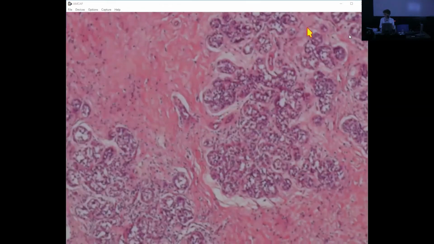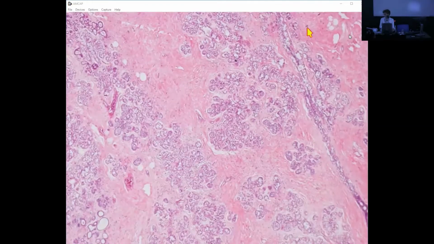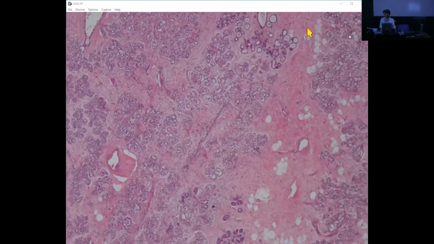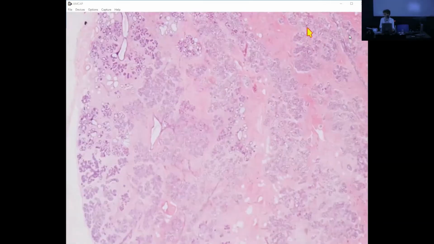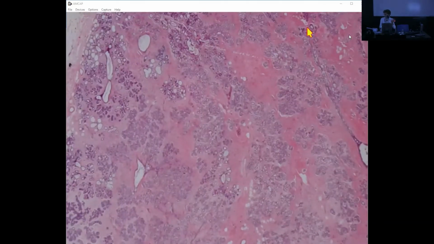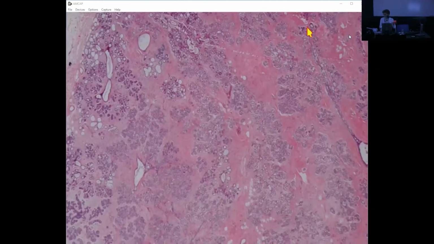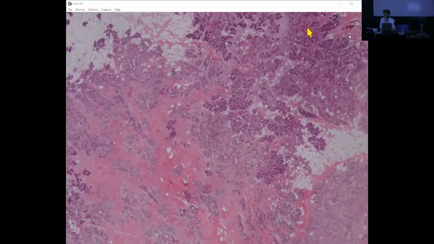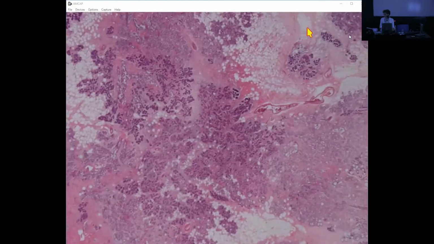So what do we have here? Another example of lobular neoplasia. This is an interesting case. It's quite extensive, I shouldn't use the term florid, because it can be more misleading. What do you think is the underlying lesion here?